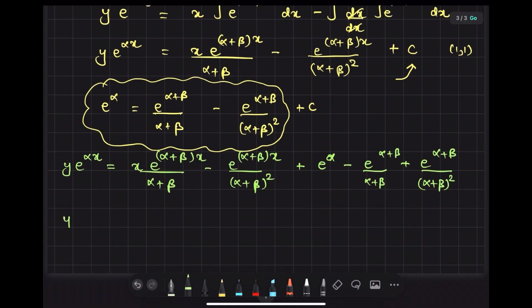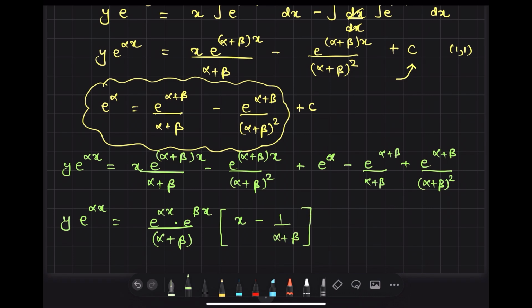Okay, so I'll be writing y e power alpha x is equal to e power alpha x e power beta x, and then we will have alpha plus beta, and then we have x minus 1 by alpha plus beta.